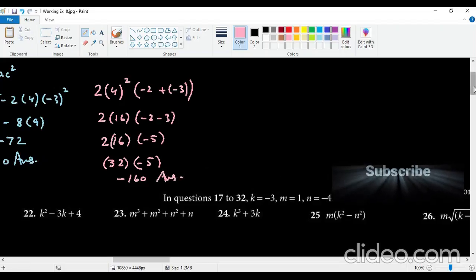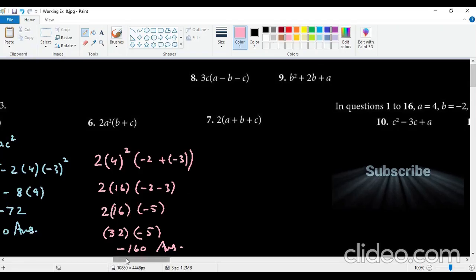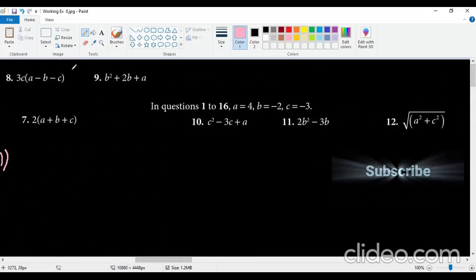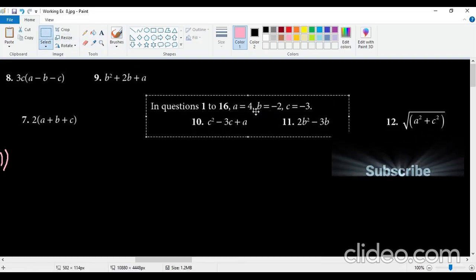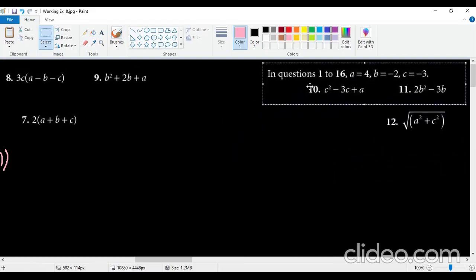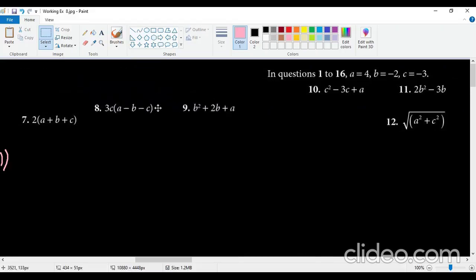Moving on to the next question, which is question number 7. I should move this down here, and question numbers 8 and 9 are going to be placed here.